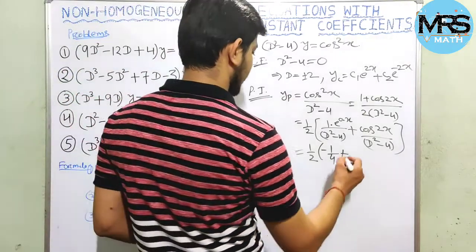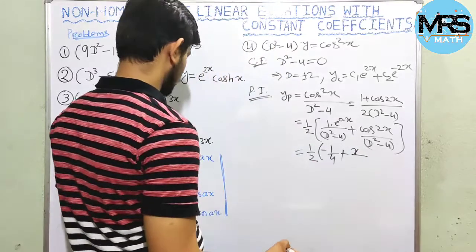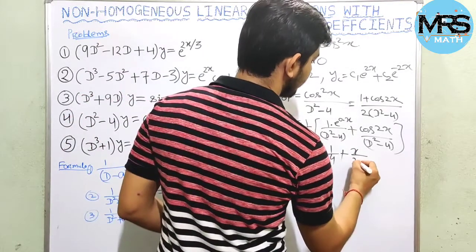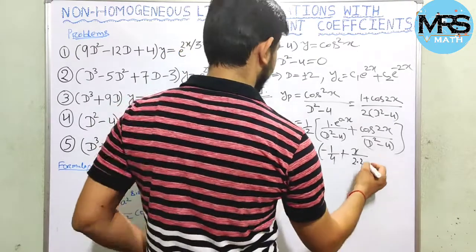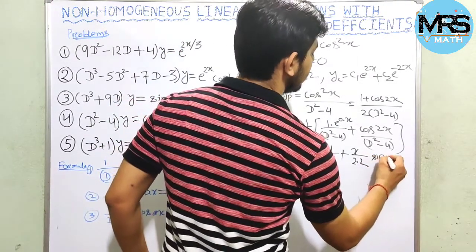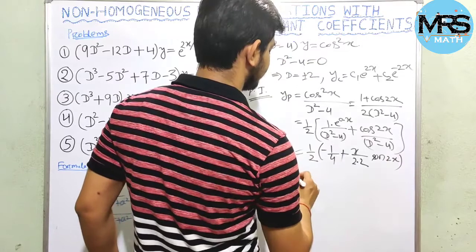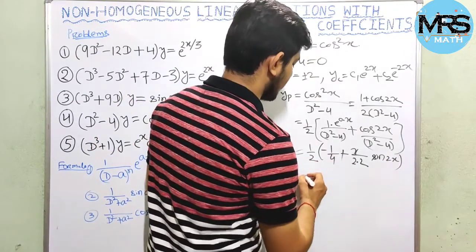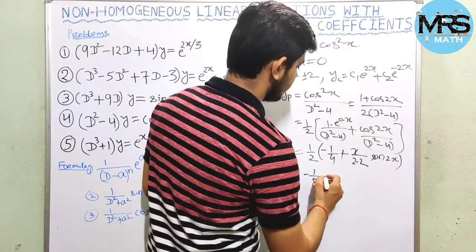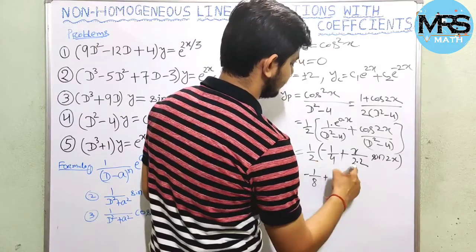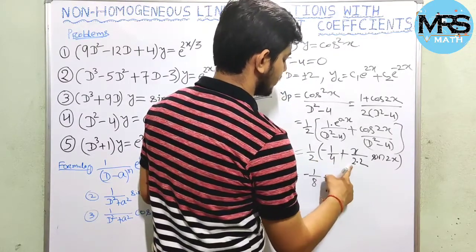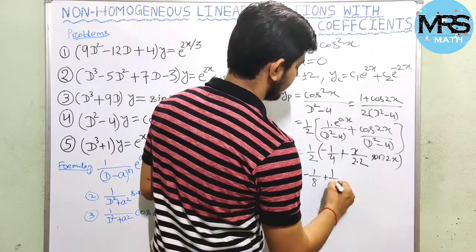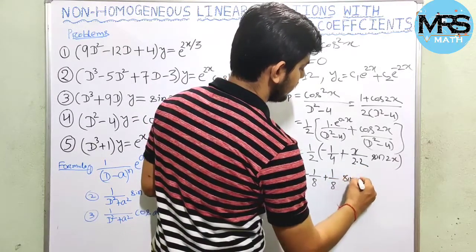That is x by 2a. That is 2 into 2 is there, right? So 2 into 2 into sin ax, that is sin 2x. So what will be the final answer? That is minus 1 by 8 plus x by 8, this is also 2 into 4 is 8, sin 2x.